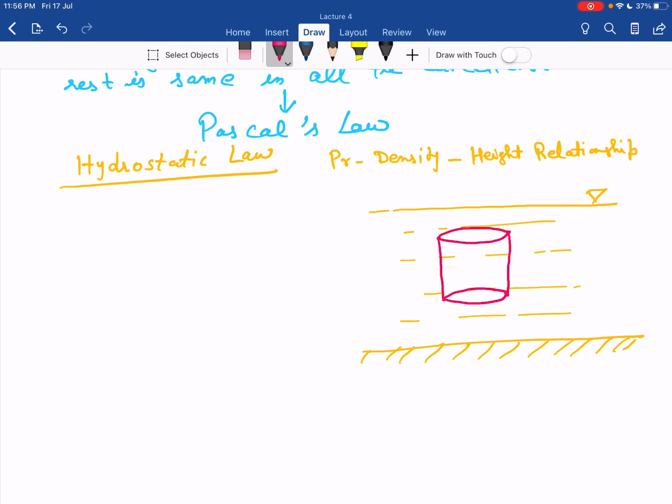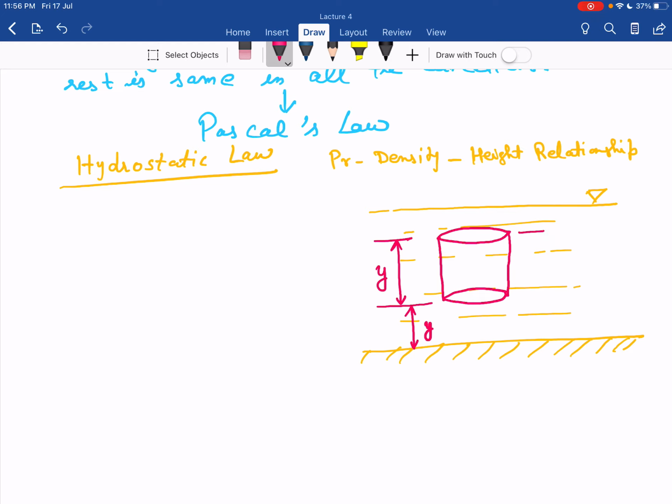Now the bottom surface of this cylindrical element is at distance y from the bottom, and the length of this element is say y.